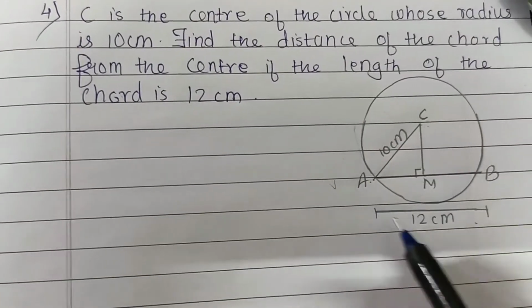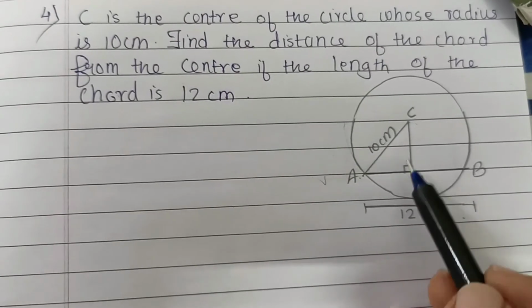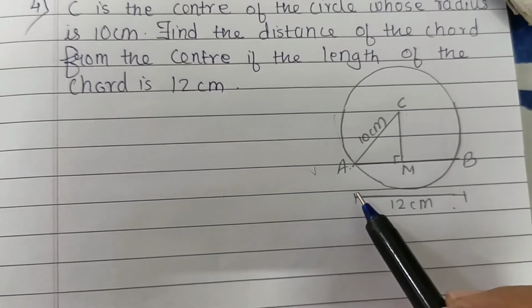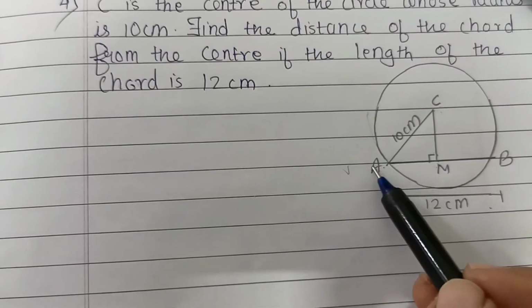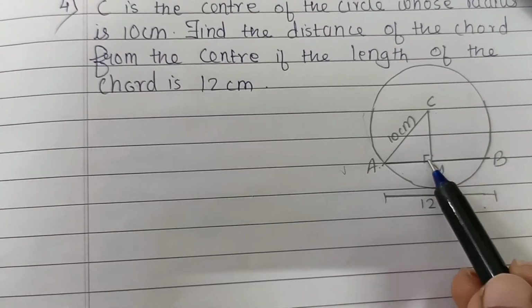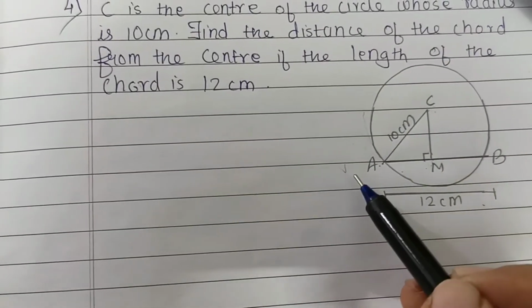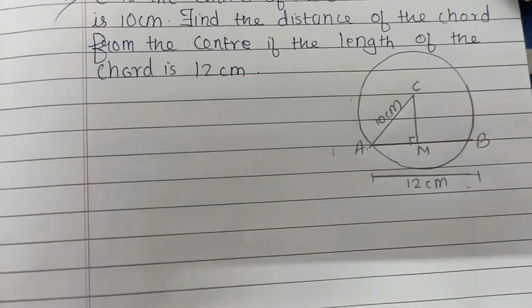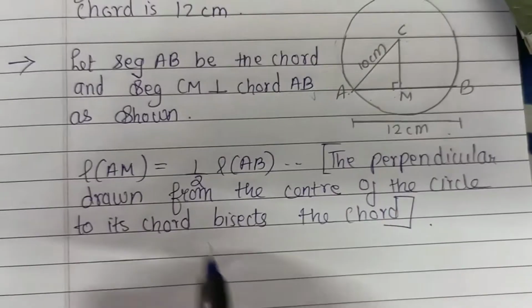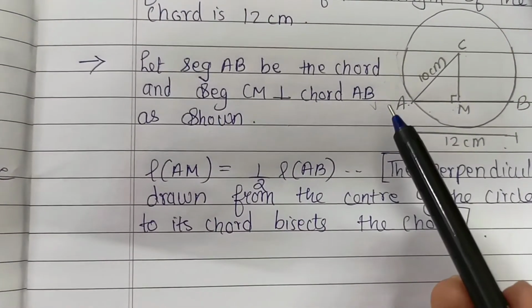So hence all the 4 questions are similar. Here as well we are going to find out the half of the chord, that is half of 12. We'll get AM as 6 centimeter, and then we'll find the length of CM using Pythagoras theorem, since this AMC will be the right angle triangle. Now since the figure was not there, we have assumed this chord as AB.